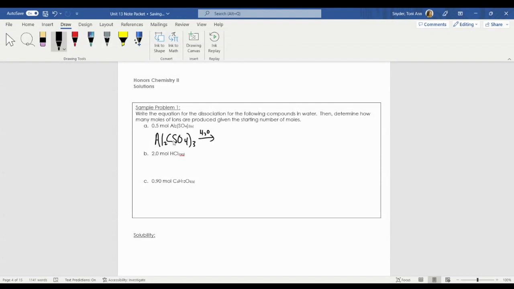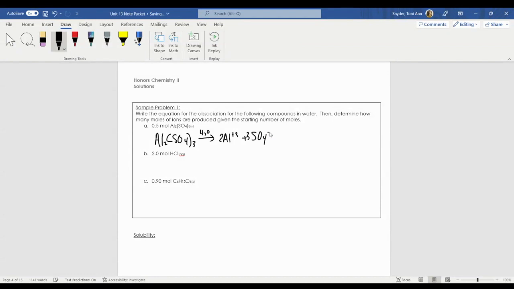And for the dissociation of this, I'm going to break that ionic bond, because as we know, ionic bonds will dissociate in water relatively well. And there are 2 aluminum atoms in aluminum sulfate. So this will dissociate into 2 aluminum ions, because aluminum has that +3 charge. And it will also dissociate into 3 sulfate ions.